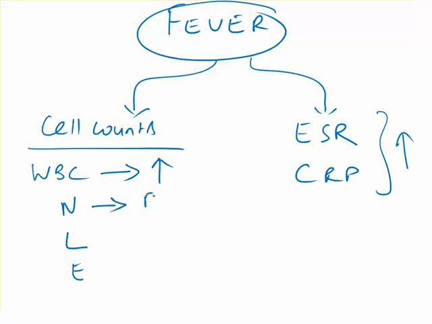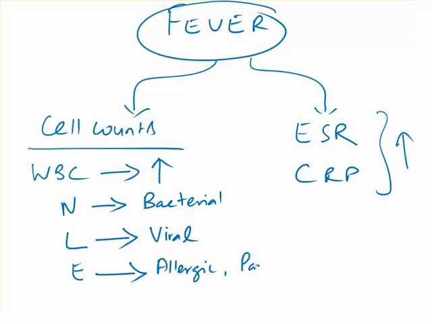Neutrophils are generally increased in bacterial infection. Lymphocytes are increased in what? Viral infection. Eosinophils are increased in allergic, parasitic and fungal infections. Understand?